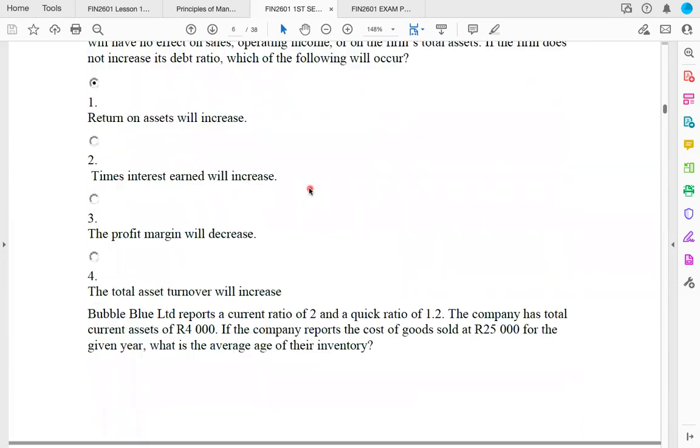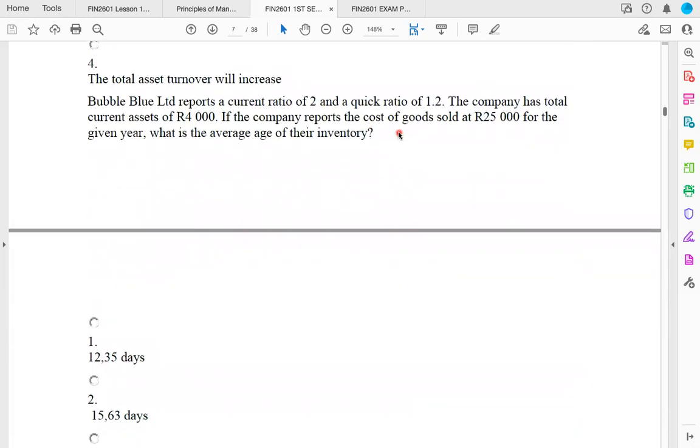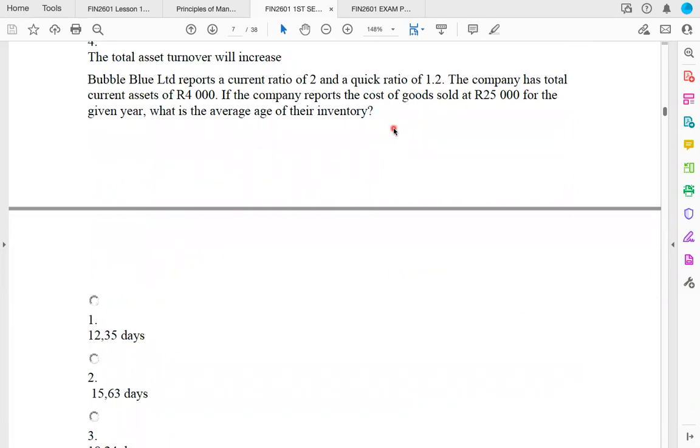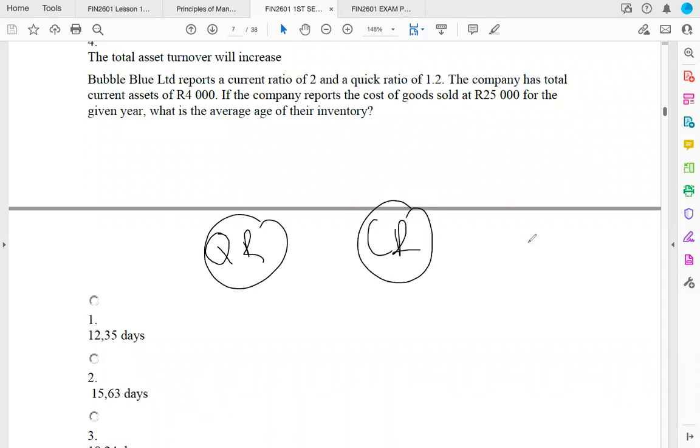The next question, question 13, we're not going to spend time on this. We've looked at these questions a lot. Okay, this one wants us to calculate the average age of inventory. It's a bit different. But again, it's that question where we're given a quick ratio, we're given a current ratio, and we want to calculate something associated with the inventory turnover.